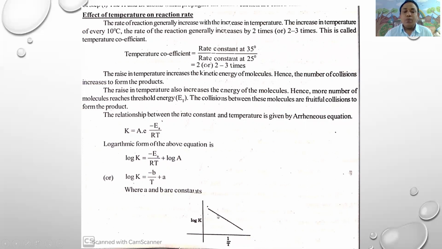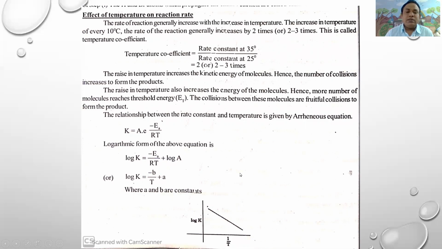The slope of the straight line equals AB by BC, which equals EA by 2.303 R. From this slope, we can calculate the activation energy. EA equals 2.303 R into slope.